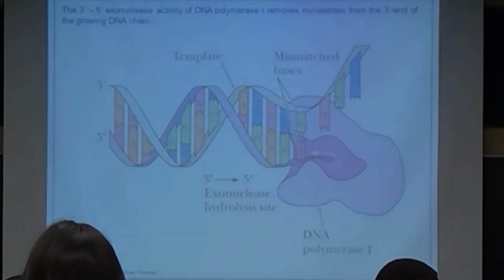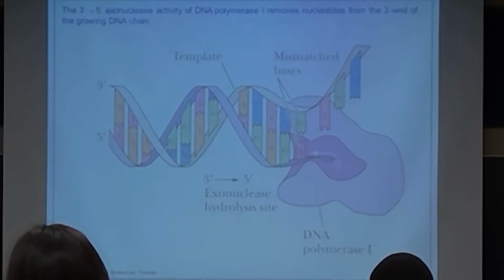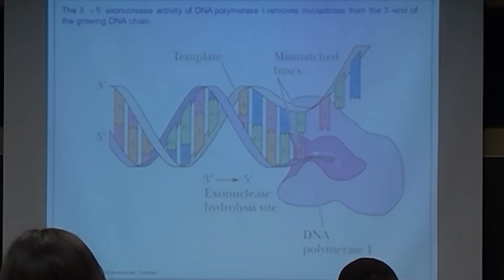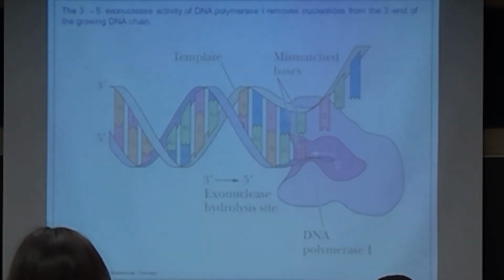When it is replicating, again there will be mistakes, so that's why the proofreading activity is there. So Pol1 has three different types of activities. One is polymerase activity, which is involved in nick translation or gap filling. It has 5' to 3' exonuclease activity, which is involved in the removal of the primer at the 5' end of the Okazaki fragment. It has 3' to 5' exonuclease activity, which is responsible for its proofreading.